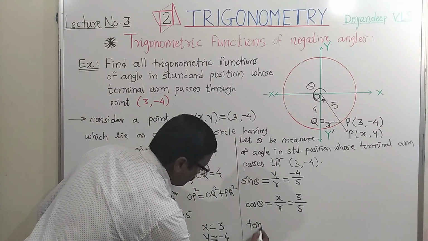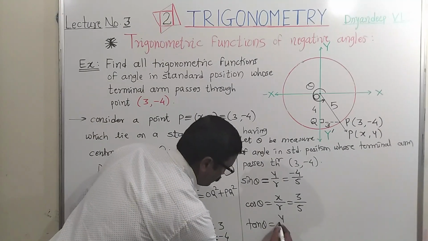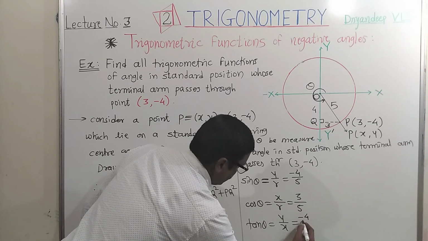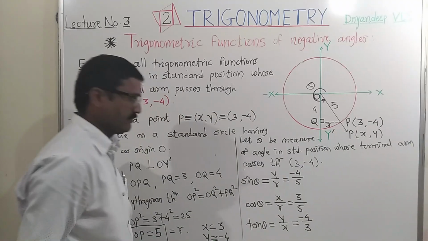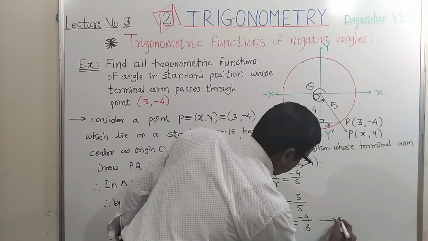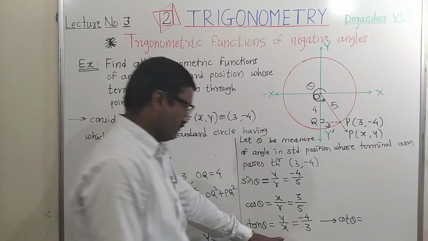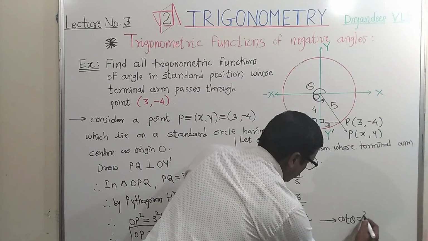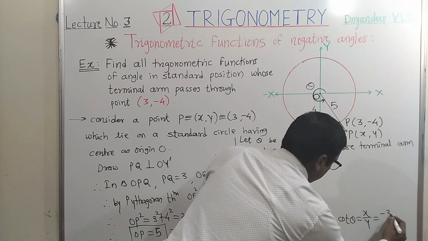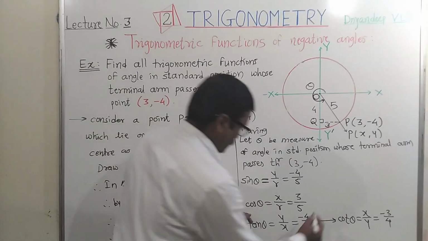Then tan theta. Tan theta is nothing but y upon x. So y upon x gives us y is minus 4 and x is 3. Okay. From tan theta, we can write cot theta, that is the reciprocal of tan. Tan is y upon x, its reciprocal is x upon y. So the answer will be minus 3 by 4. From cos, we can write sec.